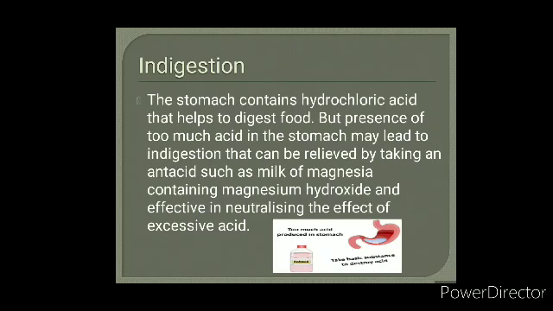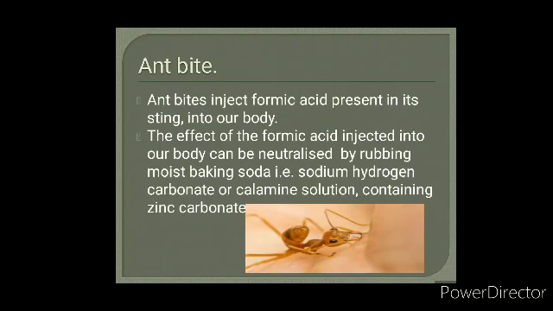Next, where is neutralization used? Ant bite. An ant bite injects formic acid, an acidic liquid, into the skin. So if it injects an acid into our body, then we need a base to neutralize its effect.